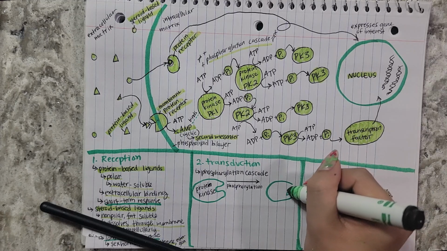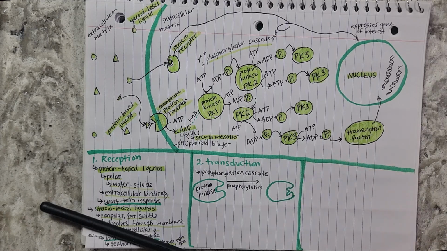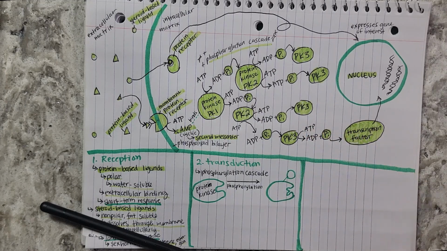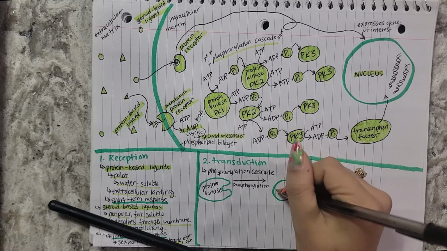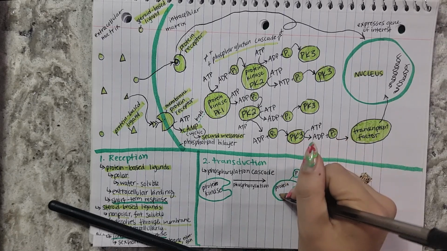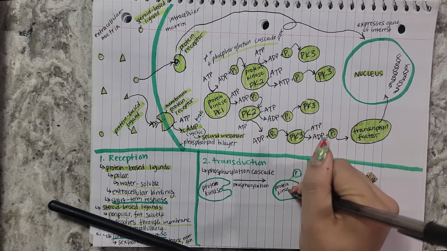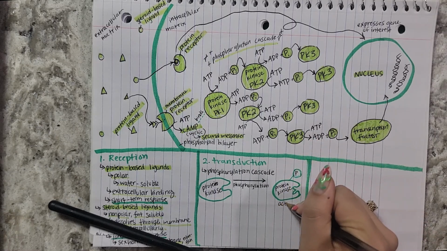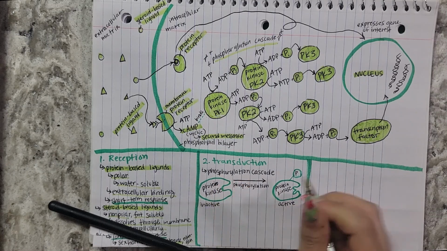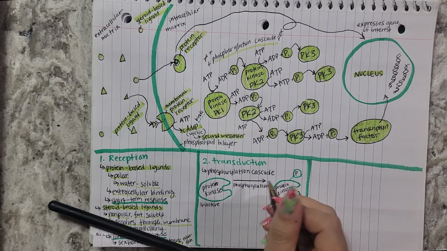So maybe it looks like that now, and it'll have a little phosphate group attached somewhere. This is still protein kinase. It just has our phosphate group attached. And so now it's active. This is our active form. This is our inactive form. And if this is dephosphorylated, it'll go back to the inactive form.